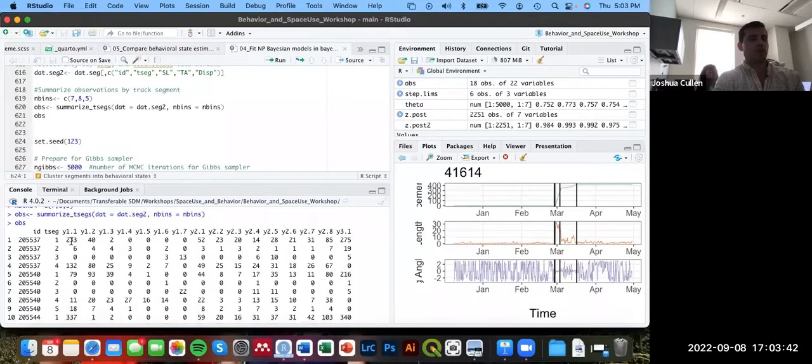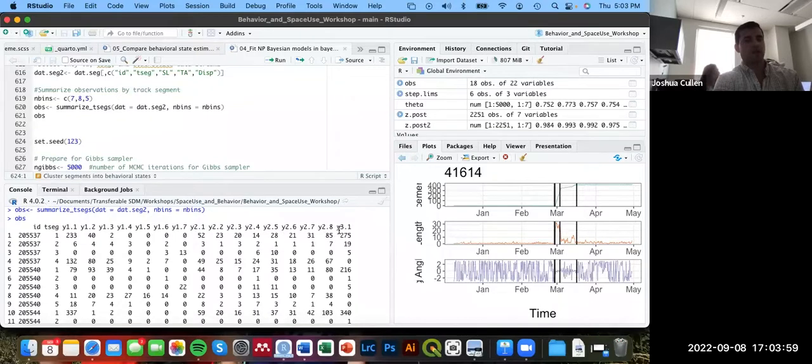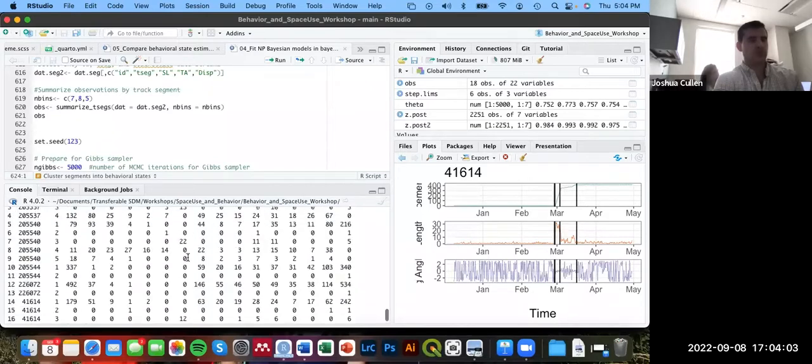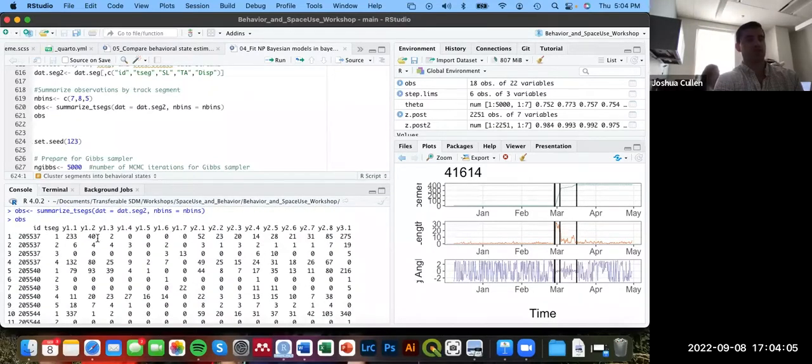So the y1, y2, y3 is step length, turning angle, displacement. And then the number after that decimal is the bin number associated with it. So we have 7 bins for step lengths. Then it starts over at turning angles 1 through 8. And then displacement y3 is 1 through 5. And this is the number of observations in each of those bins. So this is preparing this summarized data for our LDA model.